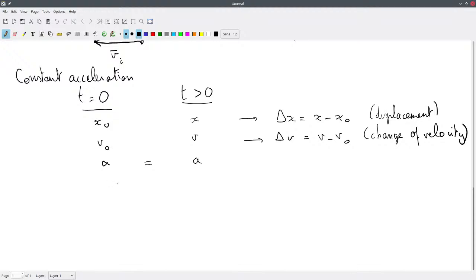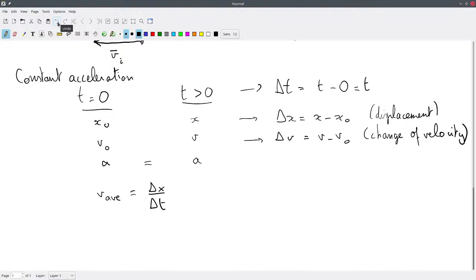So let's look at what we can do with this. We can write our average velocity, which was our displacement over the elapsed time. We can also write delta t is just equal to t minus 0, so that's just equal to t. We could have introduced a time t0 instead of t, but that would have just made the math a little bit onerous to write.